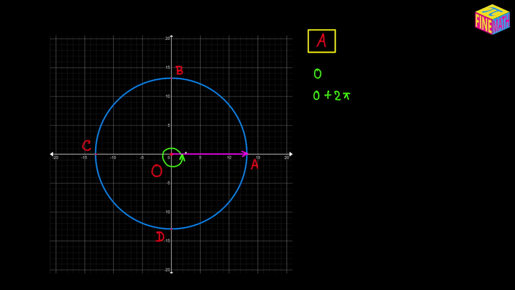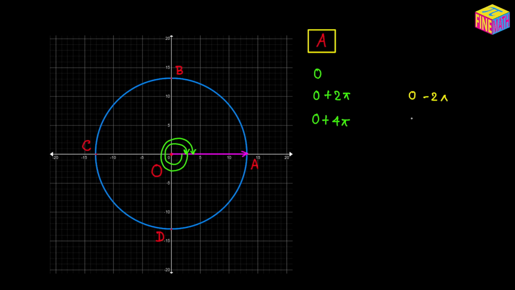Now if we rotate it one more time in the counterclockwise direction, then it will be making 0 plus 4 pi. Now I am going to rotate it in the clockwise direction. If we rotate it one full circle in the clockwise direction, then what would be the angle? The angle would be 0 minus 2 pi. And if we rotate it one more full circle in the clockwise direction, then what will be the angle?